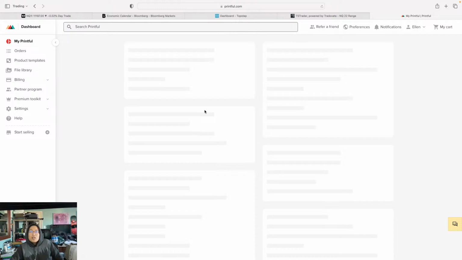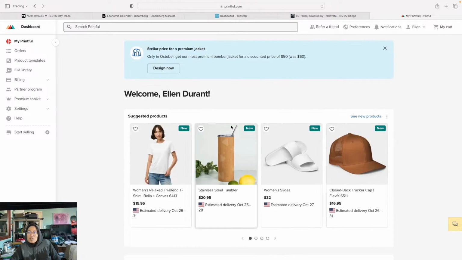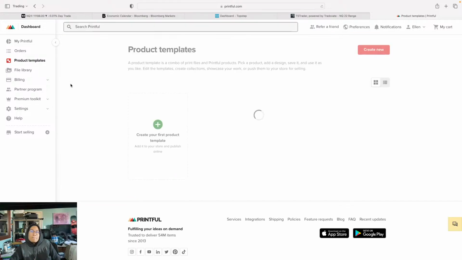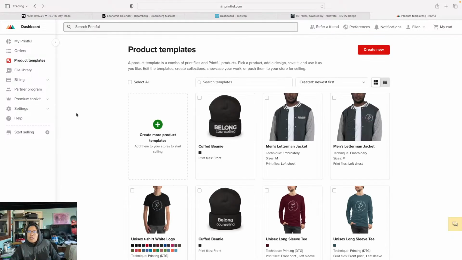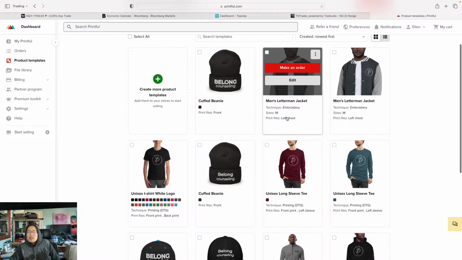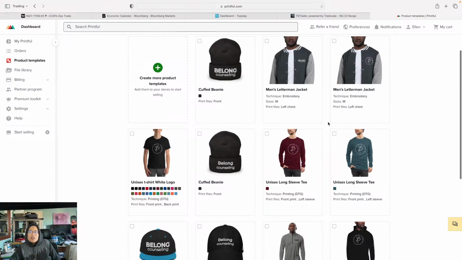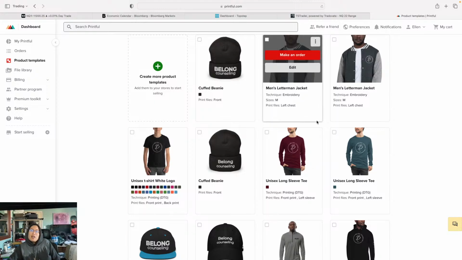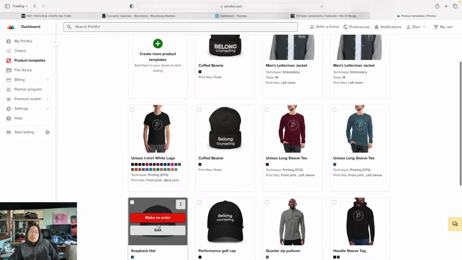For the counseling business, we did some designing together, and I think this little jacket is kind of cute. I don't really need it, so I'm kind of on the edge trying to make a decision there. I like the nice little beanie. I really like this hat.